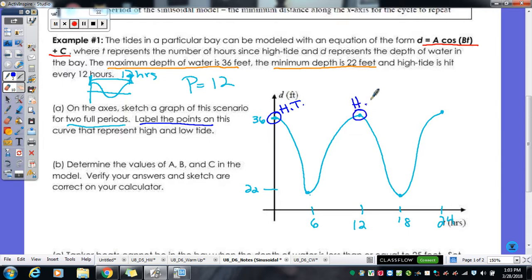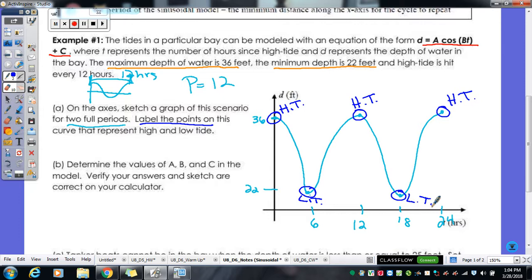There's another high tide here. And there's a third high tide there. And then same thing for our low tides. We got 2 of them. Low tide, low tide. So there's our sketch. That was actually pretty easy to come up with.